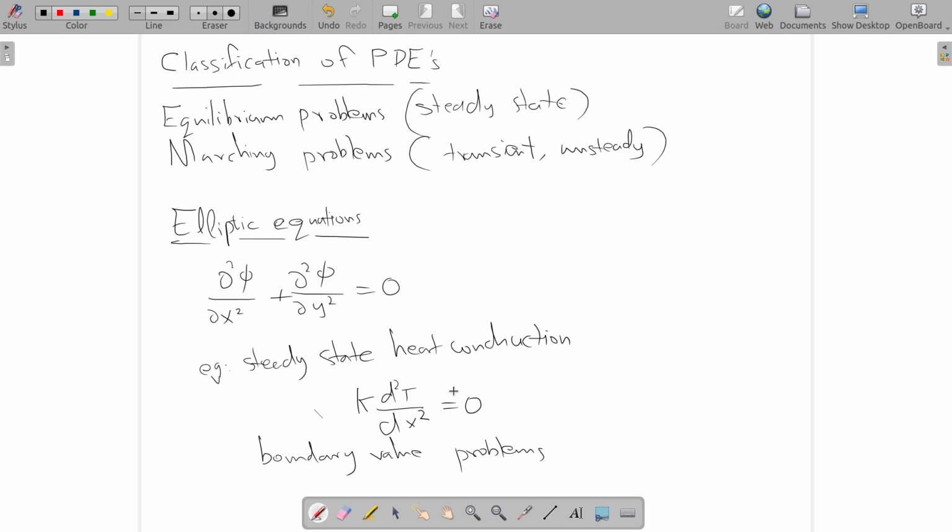For example, in this case, if you have a rod with two ends kept at different temperatures TA and TB, these are our boundary conditions here.